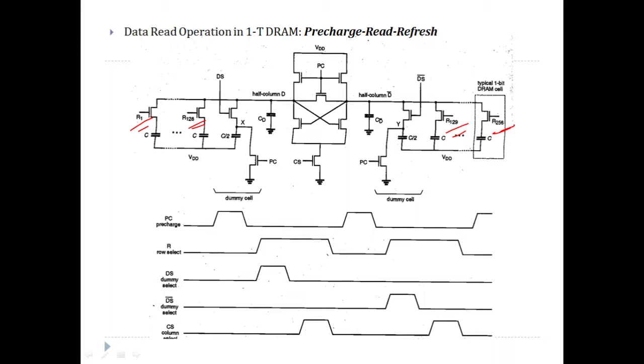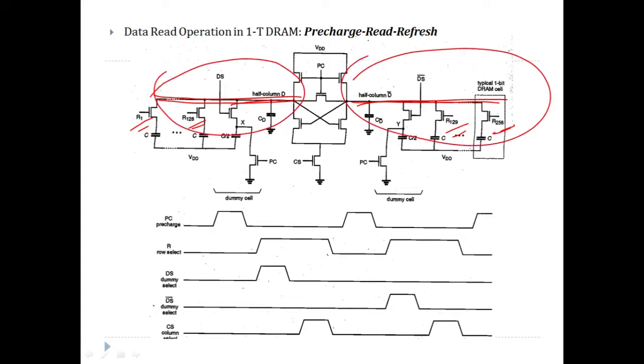As the column is divided into half, the charge of this column is also divided into half. The capacitance of this column is also divided into half. So the capacitances of this half column and this half column are equal, and they are represented by CD and CD bar.